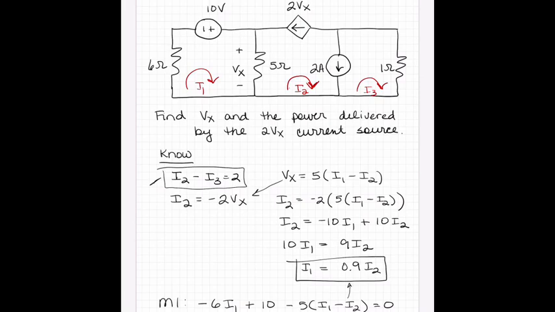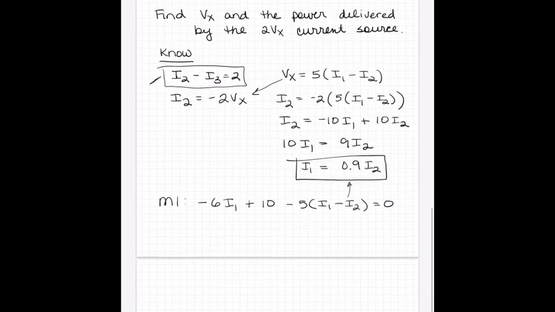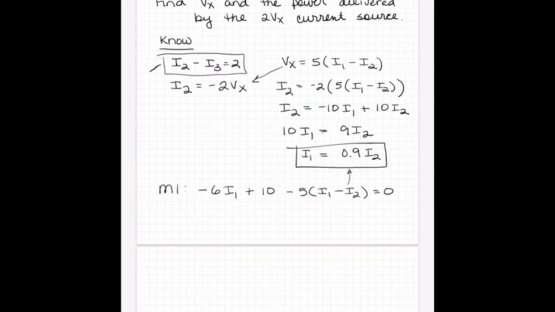I'm going to stop here for a second and do some simplifying and solving. So I've got minus 11 I1 plus 5 I2 is equal to minus 10.